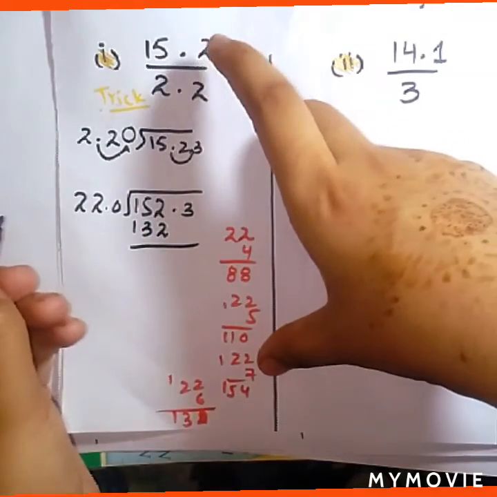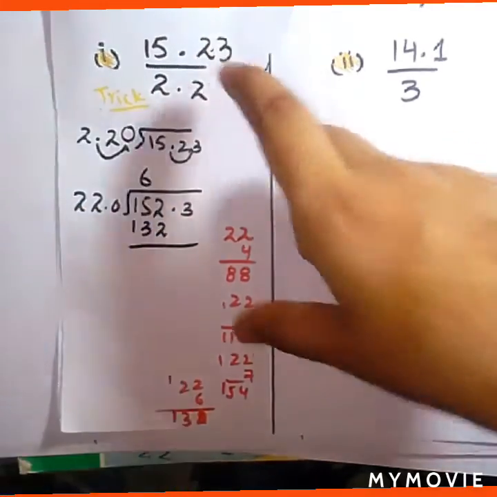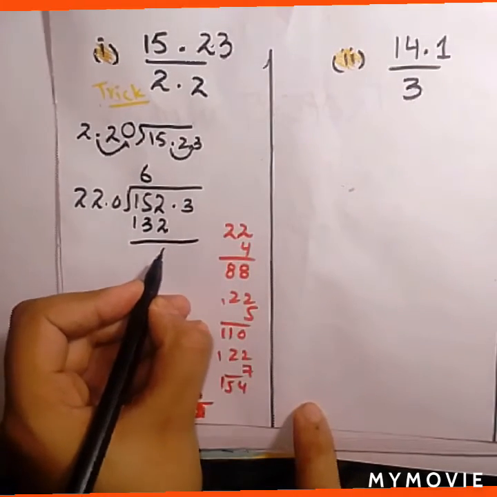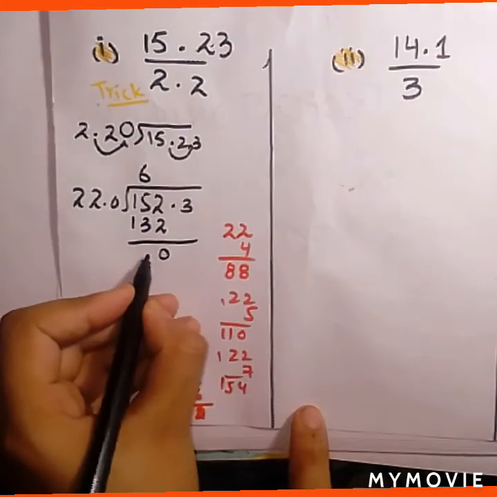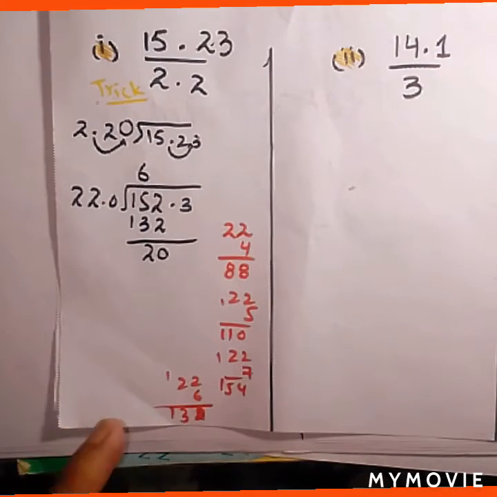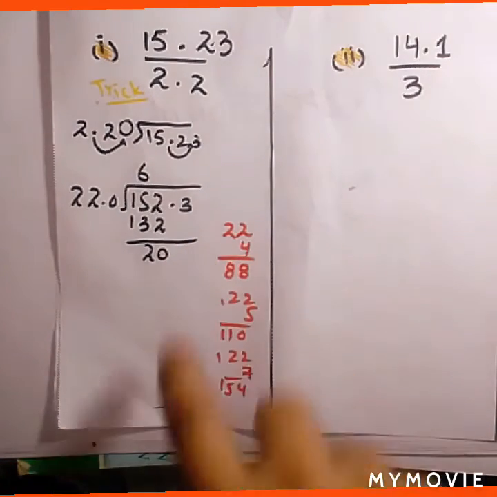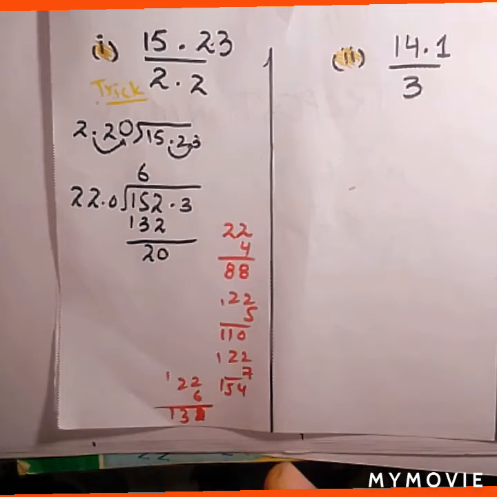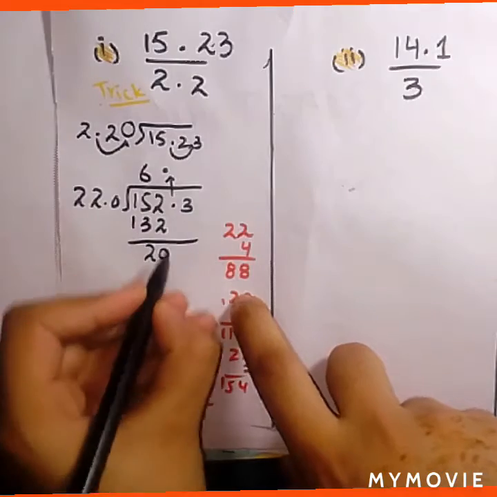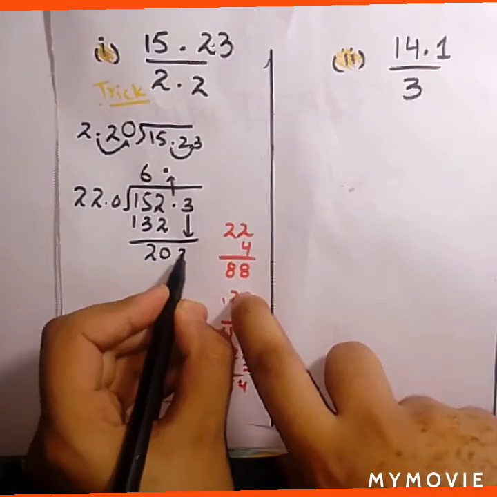What is the quotient? 6. Now subtracting, we get 20. Now 20 is less than 22, that's why we have to shift 3 downward, and the point should be shifted upward and 3 shifted downward.